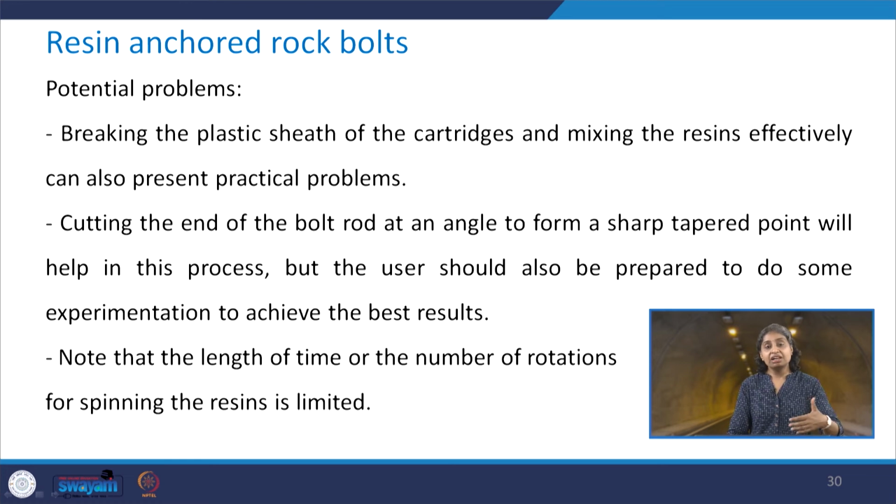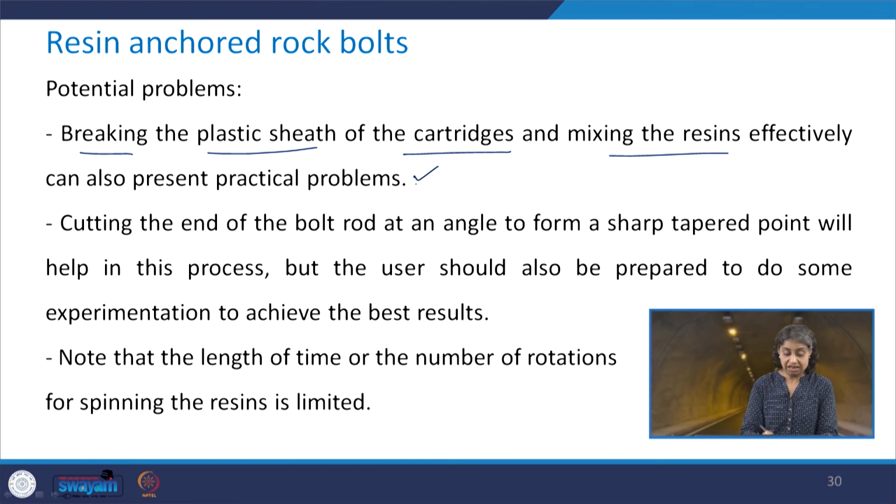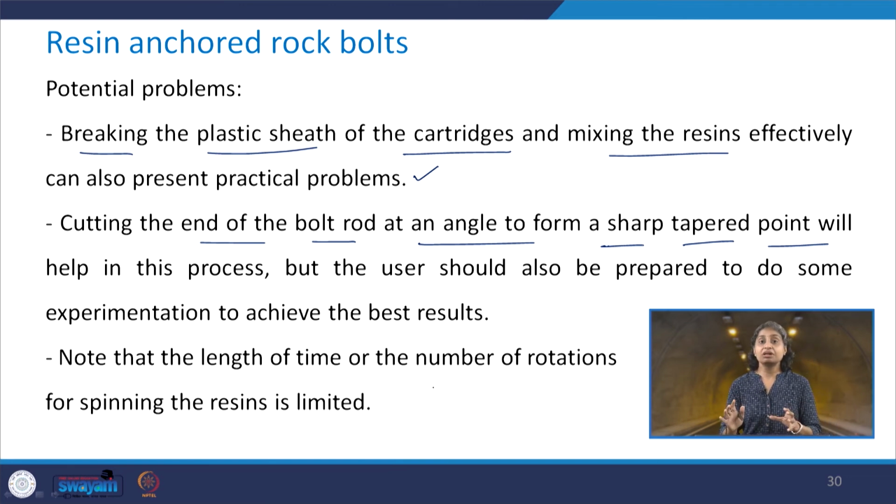Now the next problem may be the breaking of the plastic sheet of the cartridges and mixing the resins effectively, which can also present practical problems. Cutting the end of the bolt rod at an angle to form a sharp tapered point will help in this process, but the user should also be prepared to do some experimentation to achieve the best results.